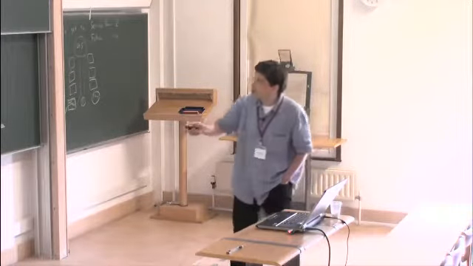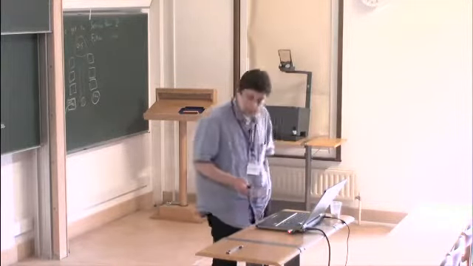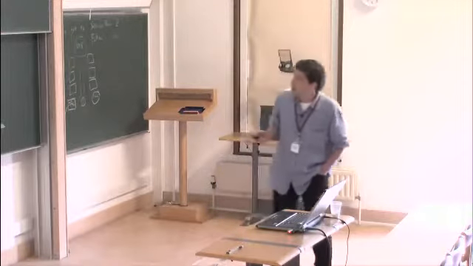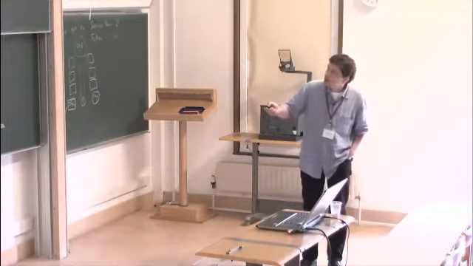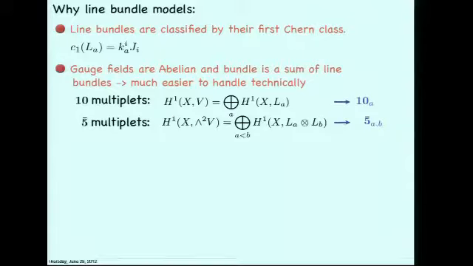And something similar goes for the 5-bar multiplets. And there's another interesting observation here, which is the 10 and 5-bar multiplets are not completely structureless anymore. They're not all on the same footing anymore, but it depends on which of these line bundle sectors they actually descend from. So for that reason, I will give them a little index A, which refers back to the line bundle that they're actually coming from.